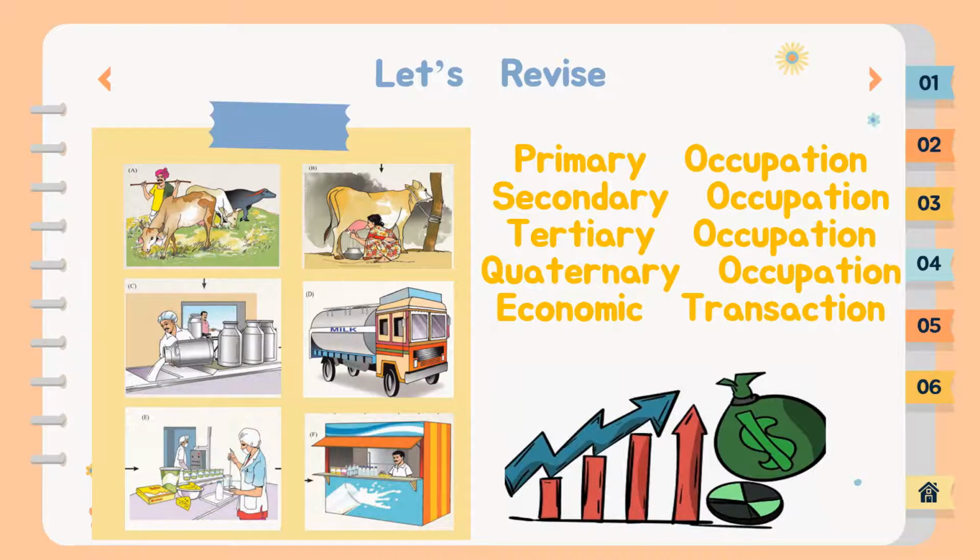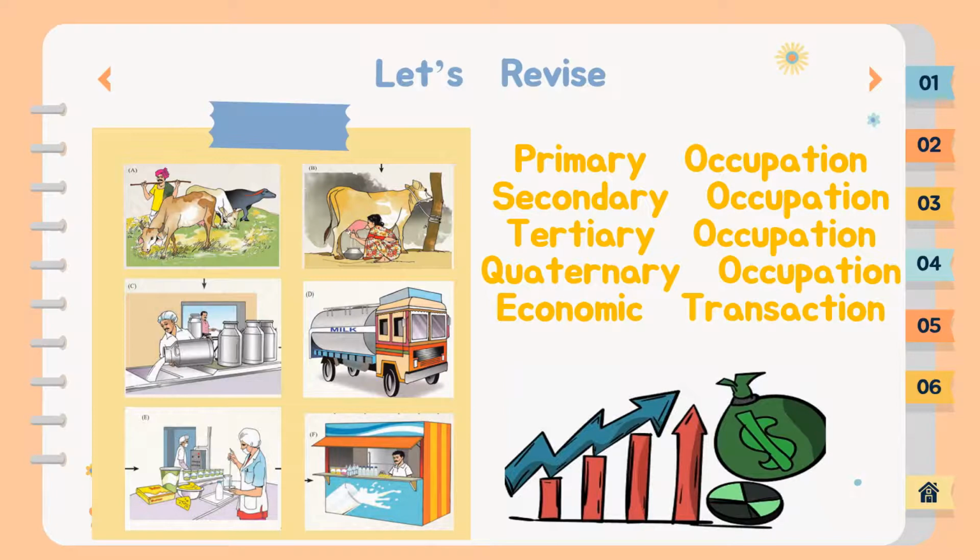Man's activities are classified on the nature of the activity and also the product that these activity yields. Activities which are directly dependent on nature and whose products are obtained directly from nature is known as primary occupation.